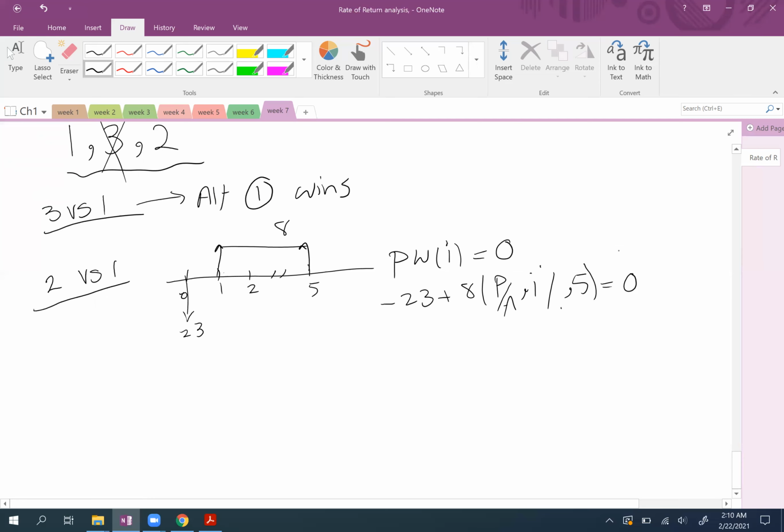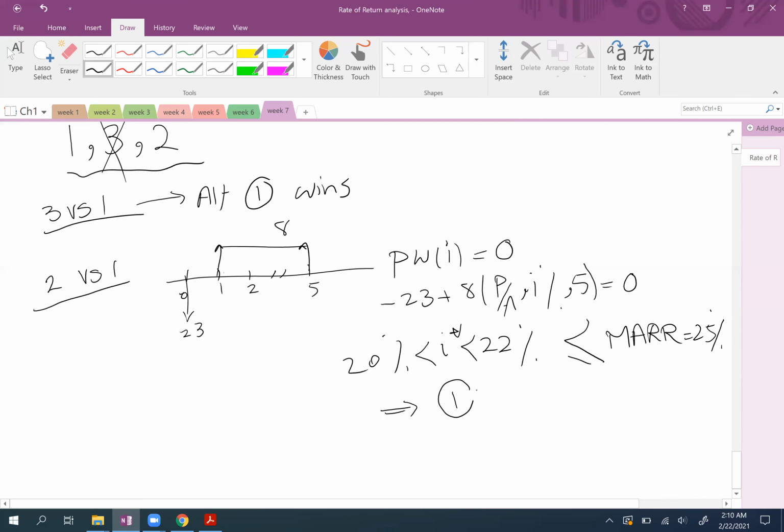Following the same approach that we had before, walking over different tables, it seems that this answer will be something between 20 and 22%, which is less than MARR, the minimum attractive rate of return of 25%. Based on that algorithm that we have, we conclude that 1 wins in this round.